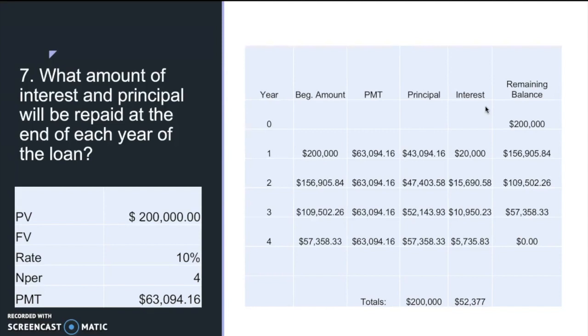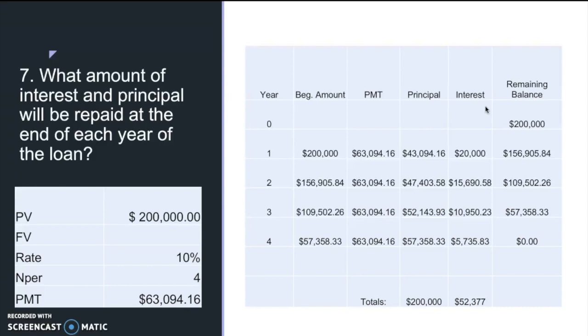Question 7 asks, what amount of interest and principal will be repaid at the end of each year of the loan? So this is similar to an amortization table or schedule. And what we need to do is, at year 0, we're starting with this $200,000.